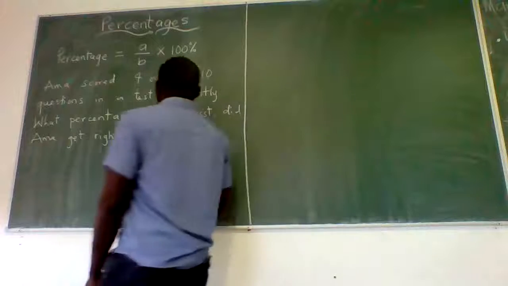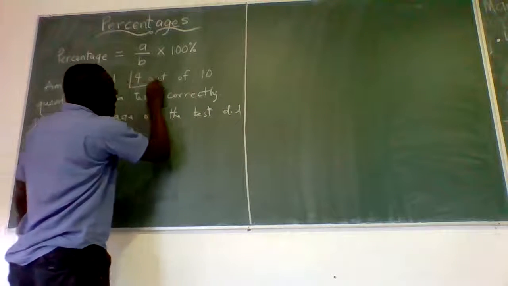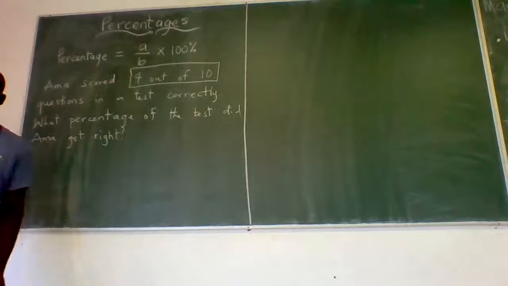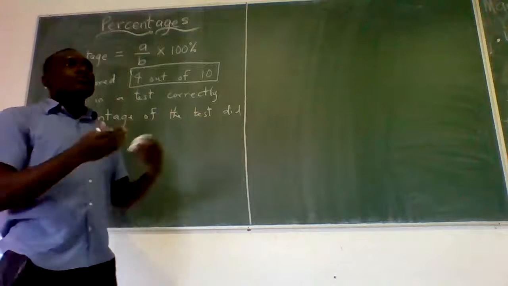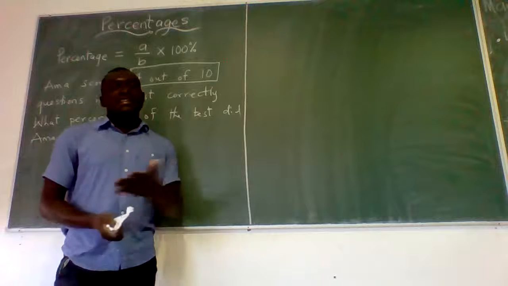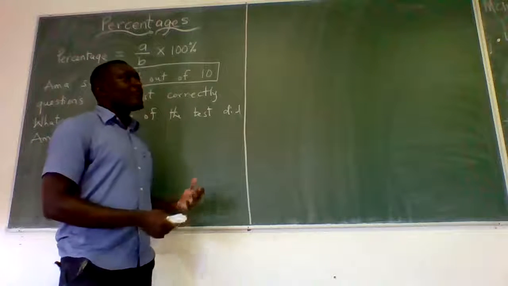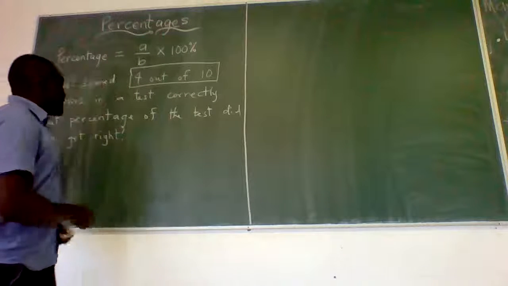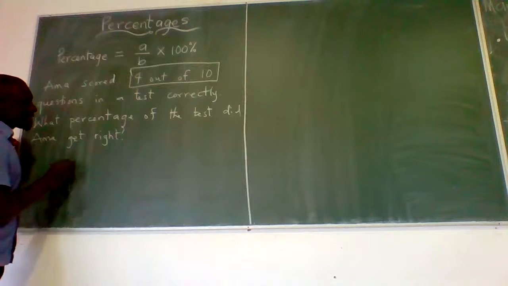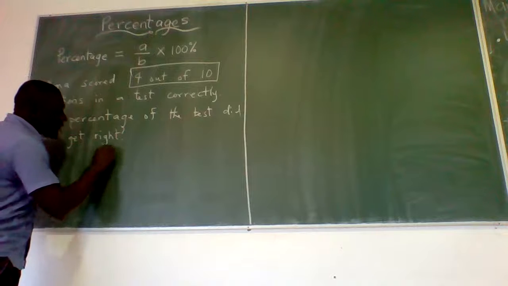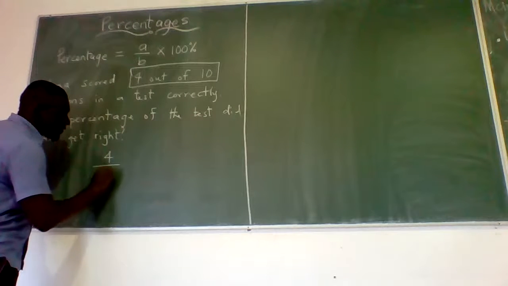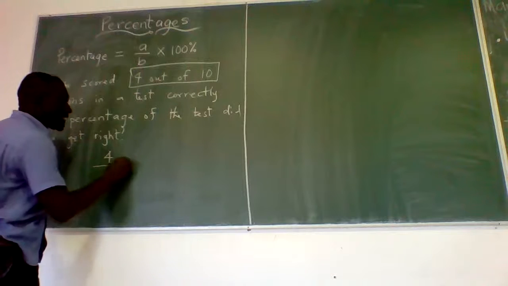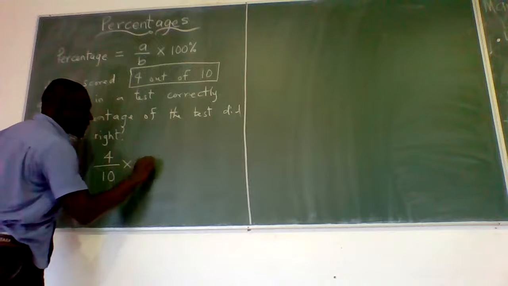So this 4 out of 10 we see here is the fraction we are talking about. The whole test was 10 different questions, and Amma managed to get 4 of them right. So the percentage is 4 out of 10, multiplied by 100%.